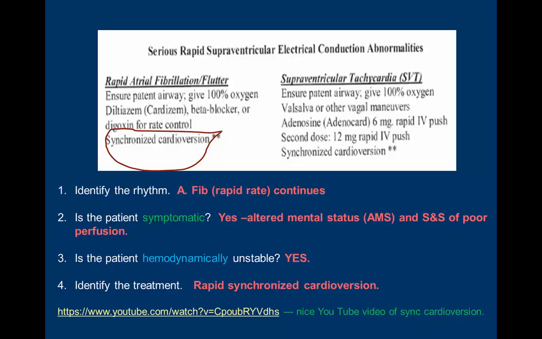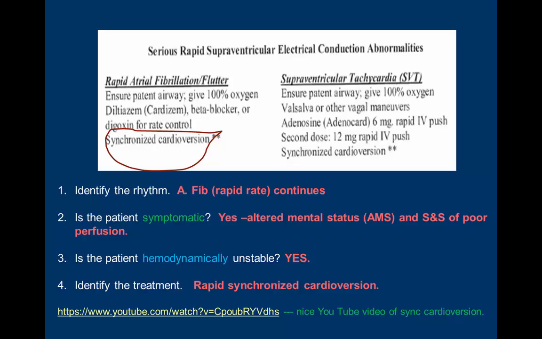The patient is symptomatic. They have altered mental status and signs and symptoms of poor perfusion. That is the cool extremities, and the loss of the O2 sat waveform is because there isn't a very good pulse. The patient is hemodynamically unstable. And so this patient needs to have rapid synchronized cardioversion.